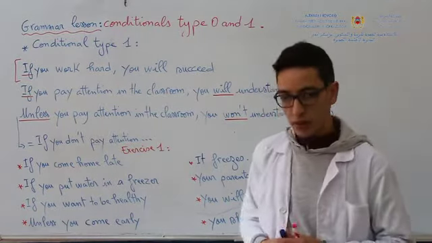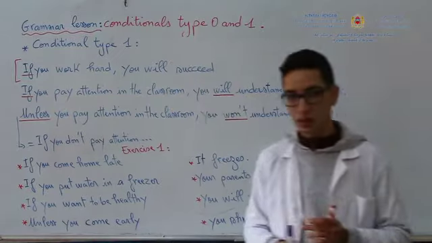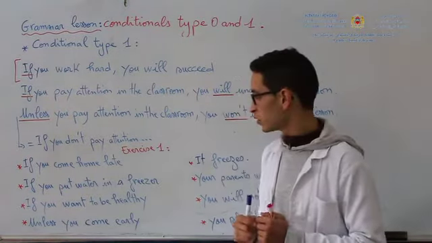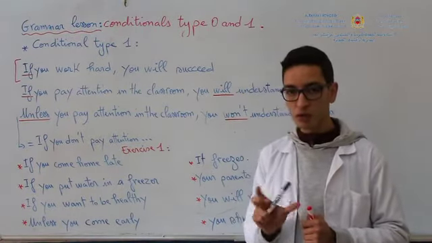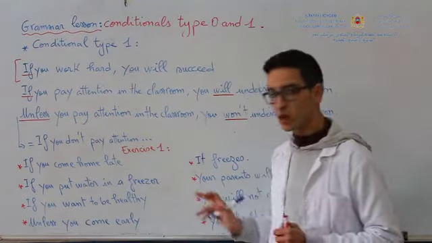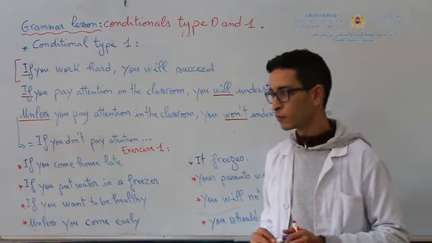I hope that the lesson is clear for everyone. To make sure the lesson is understood by everybody, please pause the video just for a moment until you do this exercise, and after that we will see the correction.